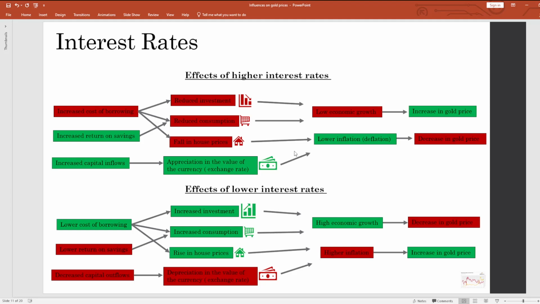So if we look down, we have the effects of lower interest rates, which is basically the opposite of everything that I mentioned thus far. So you have a lower cost of borrowing.